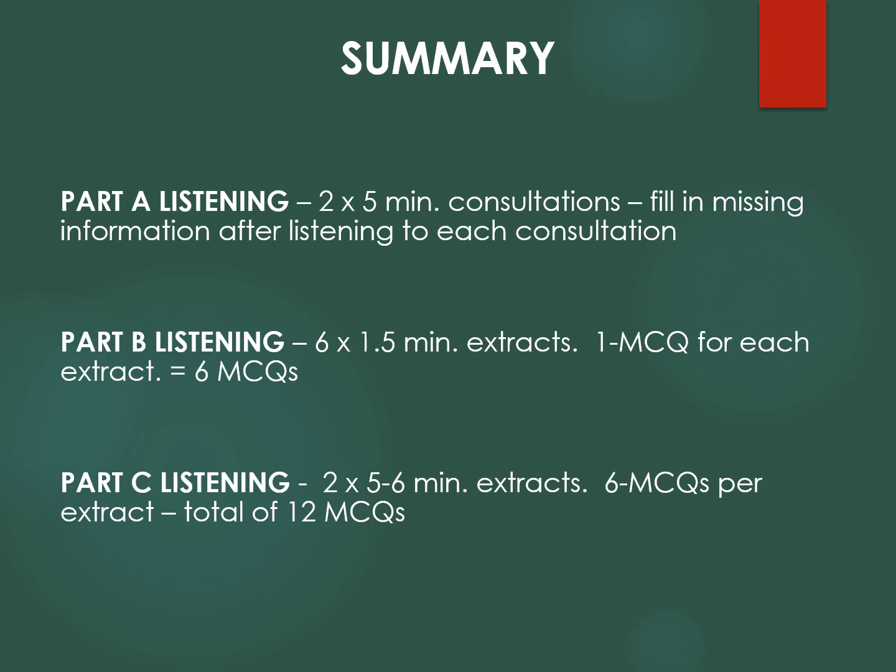And in Part C listening, you get 2 extracts. Each one has 6 questions, so that's another 12. That gives you an absolute 100% score would be 42 out of 42. If you score 30 out of 42, that is equal to 71%, which just happens to be the pass mark.